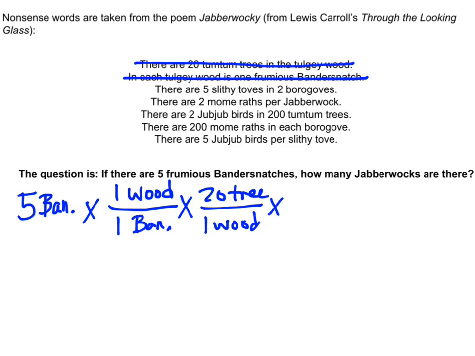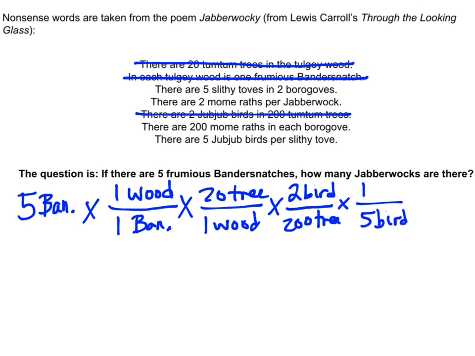How about tum-tum trees into something else? All right, there are 2 jubjub birds in 200 tum-tum trees. Okay, so 200 trees is 2 birds. And then there are 5 jubjub birds per slithy tove. So 5 birds per tove.